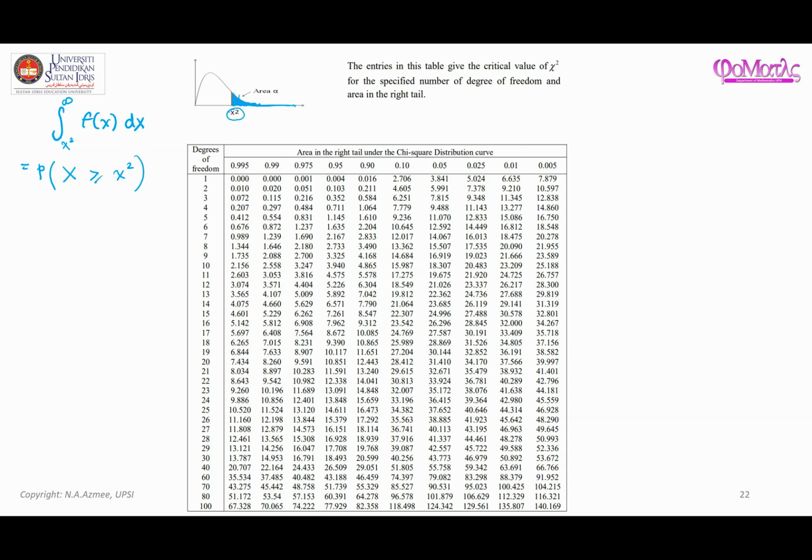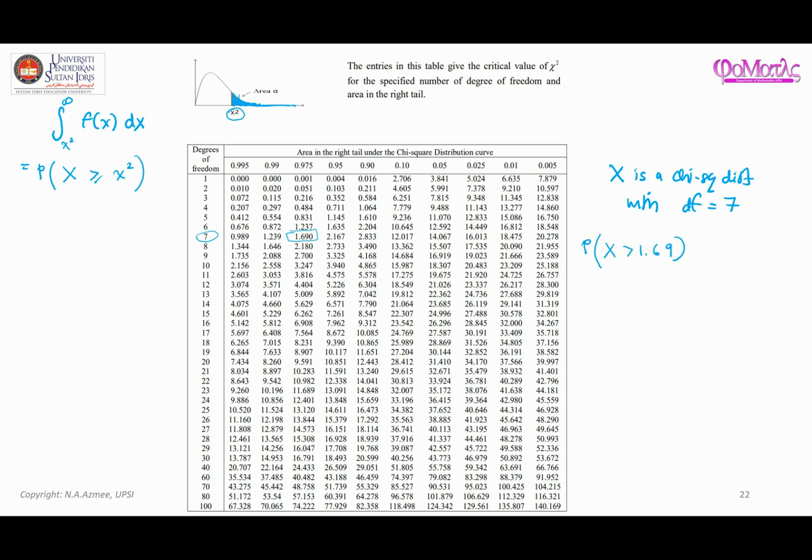Therefore, let's say x has a chi-square distribution with 7 degrees of freedom. I'm just randomly picking some degrees of freedom. Let's say 7. I'm just going to explain the meaning of this value 1.69. It means you are doing the process where probability x greater than 1.69.